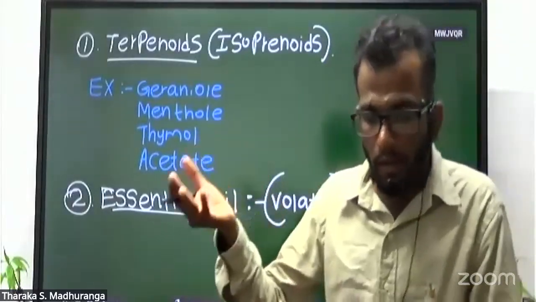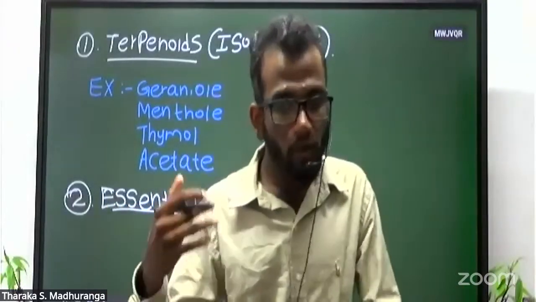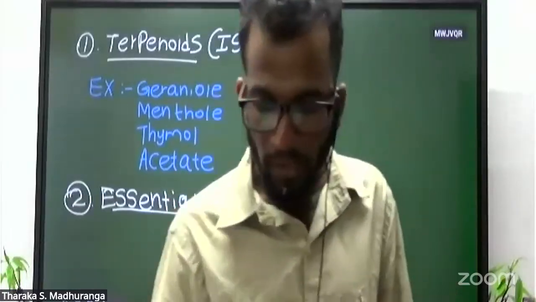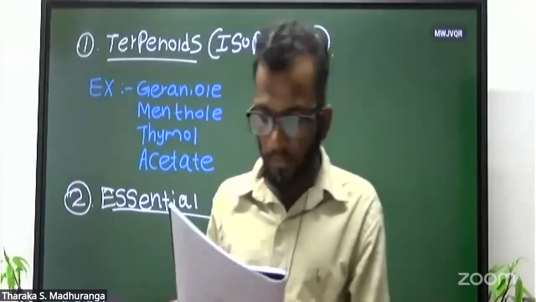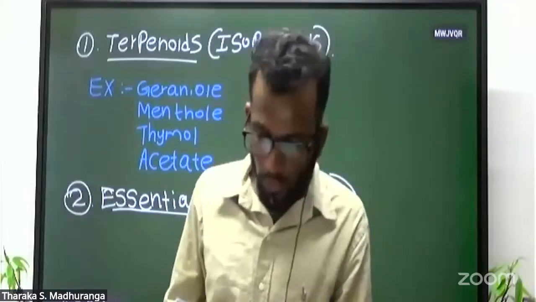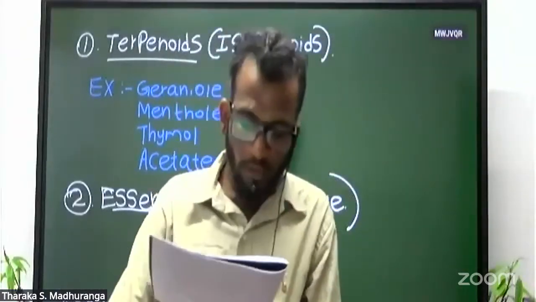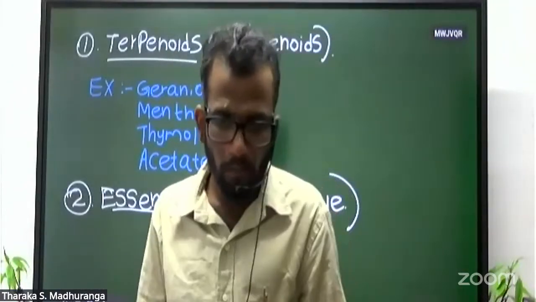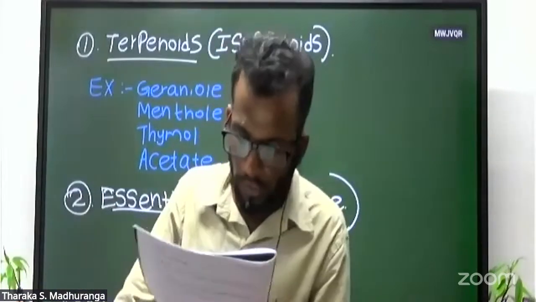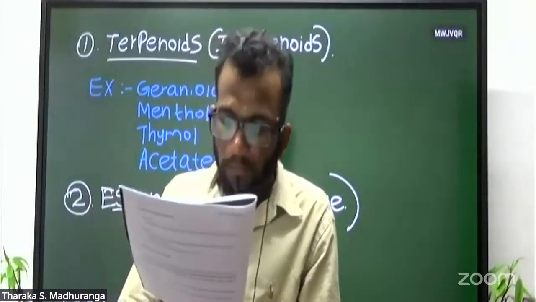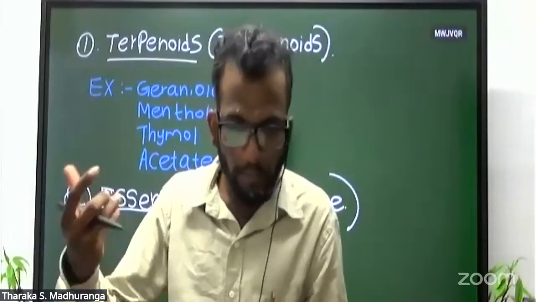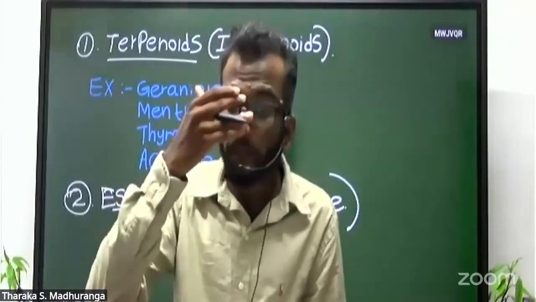Then they are not dissolved in water. Go to tube number 3. Essential oils are water immiscible. Water immiscible means not dissolved in water. Organic and volatile organic compound. Volatile means evaporating at room temperature as well.